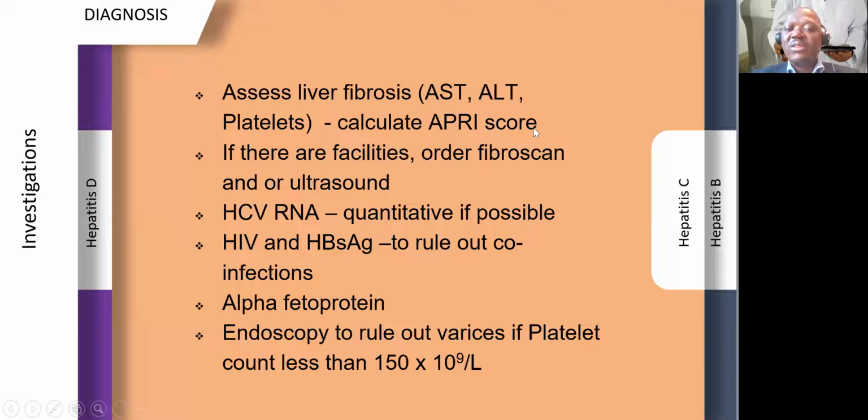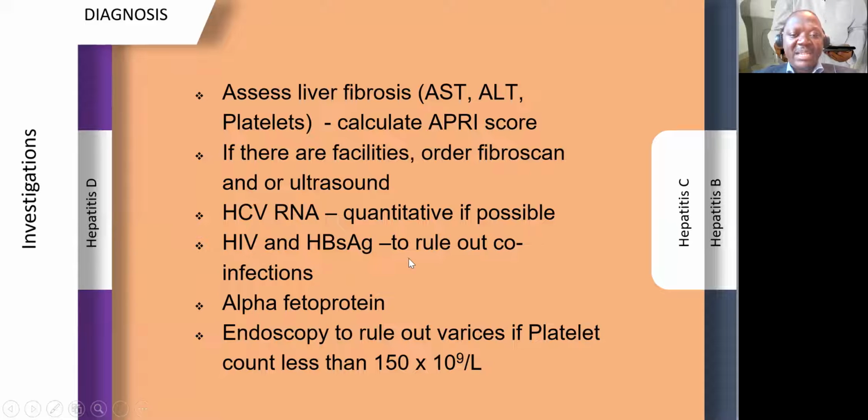In other words, instead of going for fibroscan or expensive liver biopsy testing, you can do the APRI score, which can help you define whether or not treatment should be commenced or not. If you have facilities, then go for fibroscan or ultrasound. The HCV RNA is a quantitative test, and if it's present, then it defines chronic infection, okay?